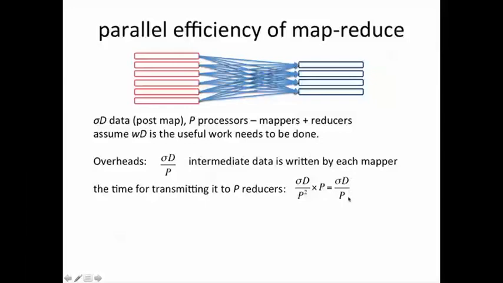So the total overhead, that is work that would not have to be done if we didn't have parallelism, that is writing data to disk and reading data from remote mappers, is 2 sigma d over p.